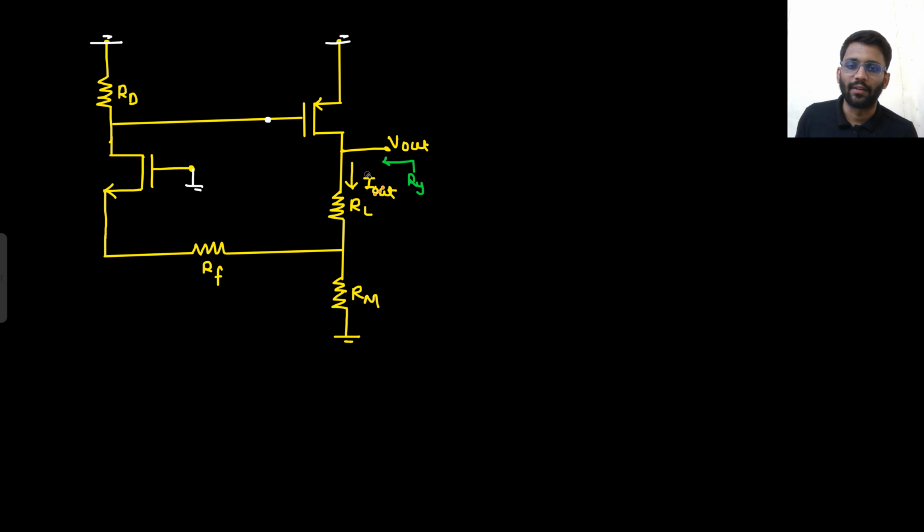So if you need to find Ry, what you are going to do? You will apply a Vy potential here and get Iy out of it, right? And here this is completely gone. So my target is to find Vy by Iy.